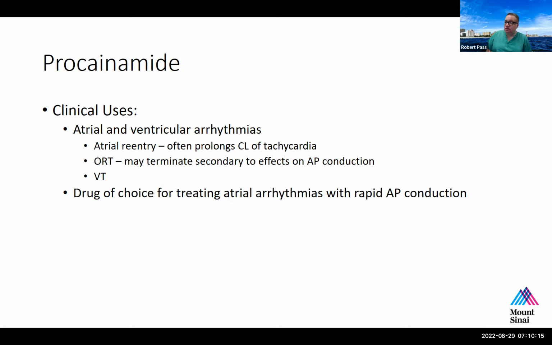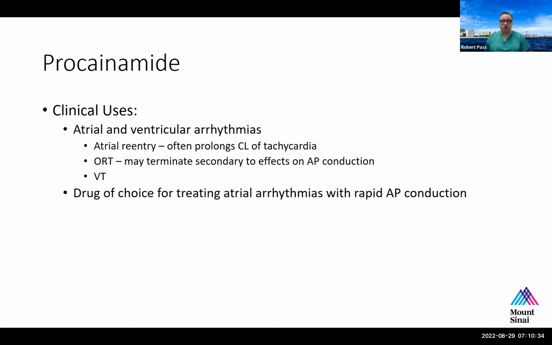And it can be used very effectively for the treatment of ventricular tachycardia. So as an acute agent for VT, particularly if it's not VT in the setting of long QT syndrome, procainamide is a very good agent for that as well.